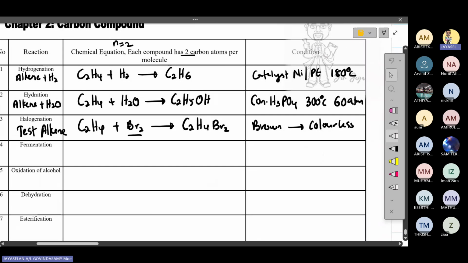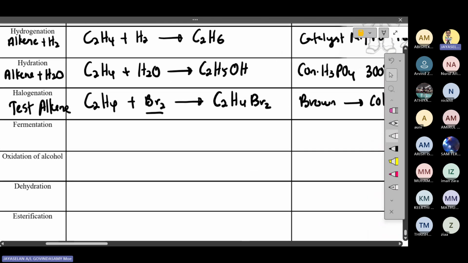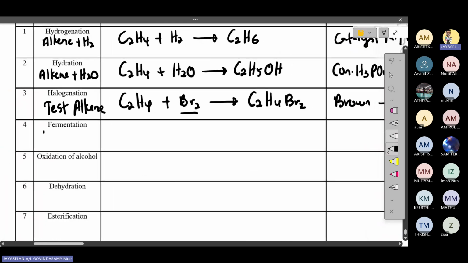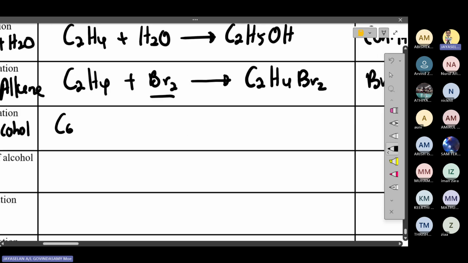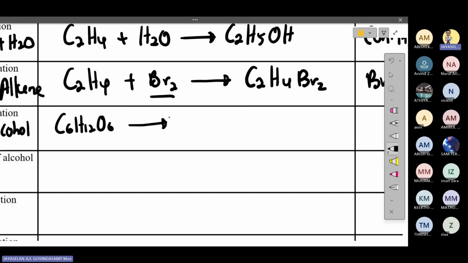Okay, last one before we wrap up the session. Fermentation is a laboratory method to prepare alcohol. In fermentation, you take C6H12O6, no oxygen. You will get C2H5OH, ethanol, plus carbon dioxide.